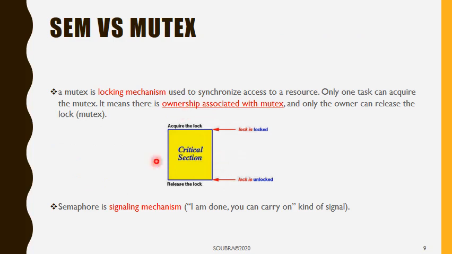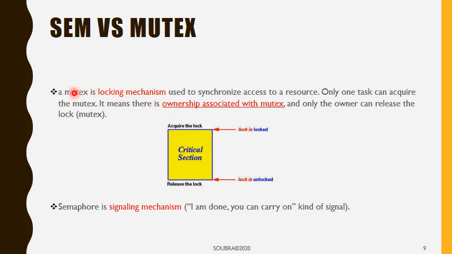All right, so the keyword here is mutex. It has some ownership associated with it. This means that the only task that locks the mutex is the only task that is allowed to unlock it. All right, unlike semaphores.